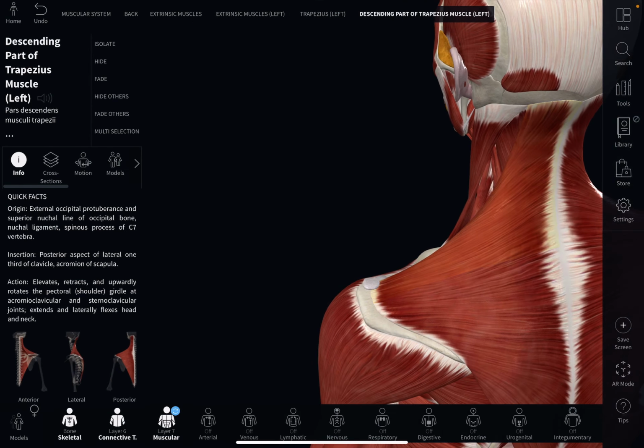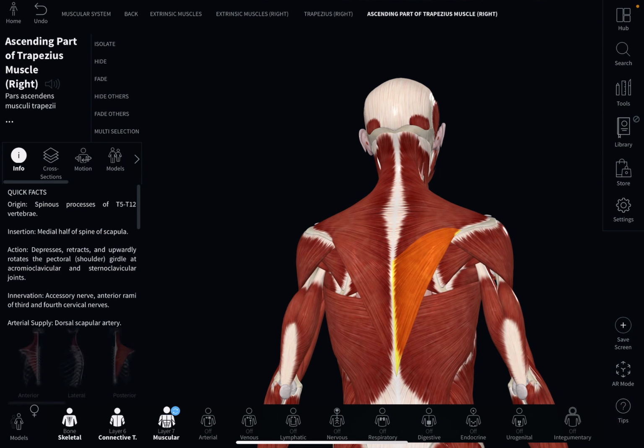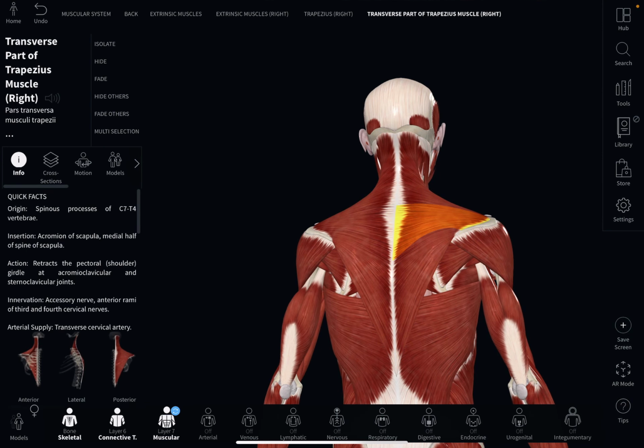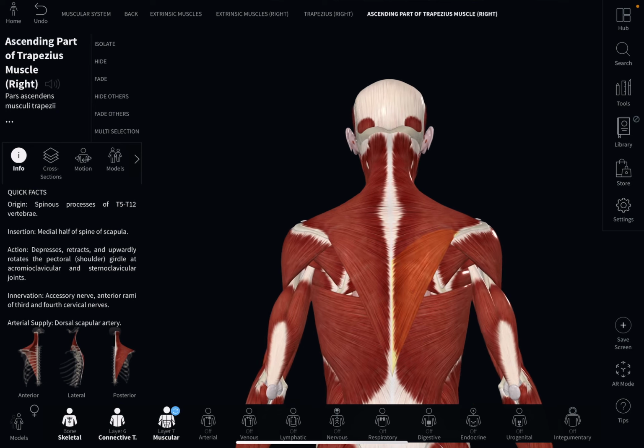All right, so here you can see this is the trapezius muscle of the right side. It has three groups of fibers: upper group, middle group, and lower group. These three together is one trapezius. It is the trapezius muscle of one half, right?